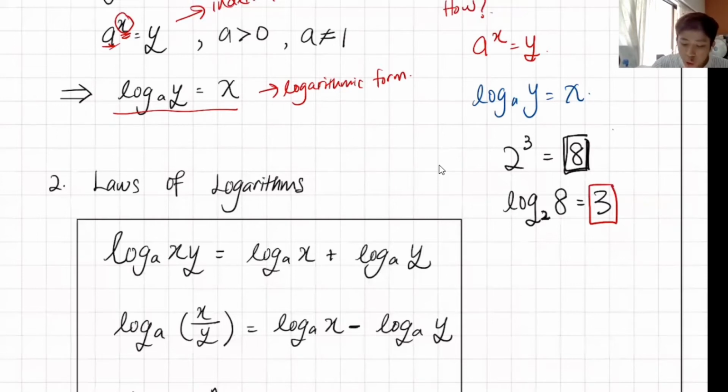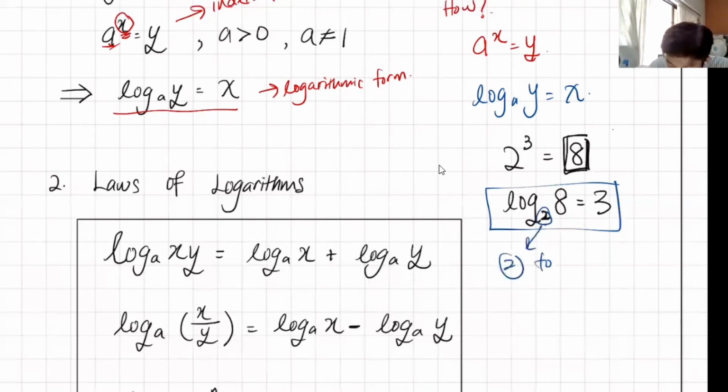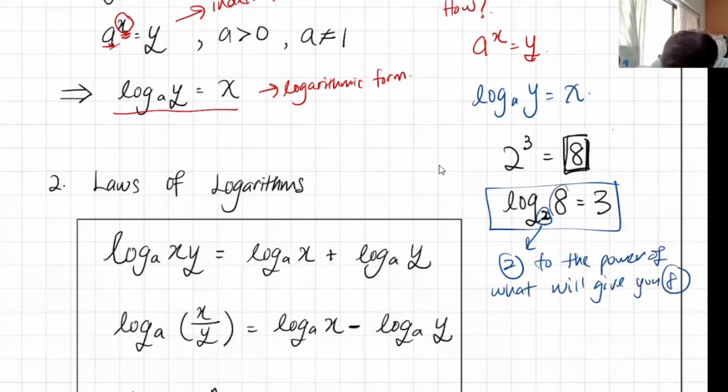Every time I see a logarithmic form, I want you to say this sentence, repeat after me. 2 to the power of what will give you 8? 2, you see there's a 2 here, and 8 is here.